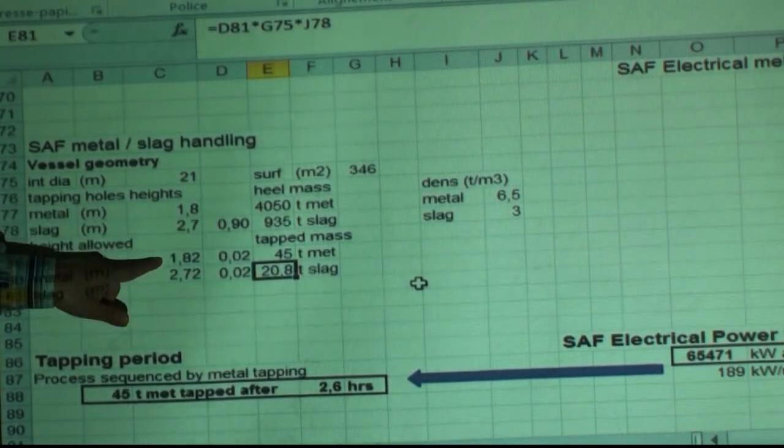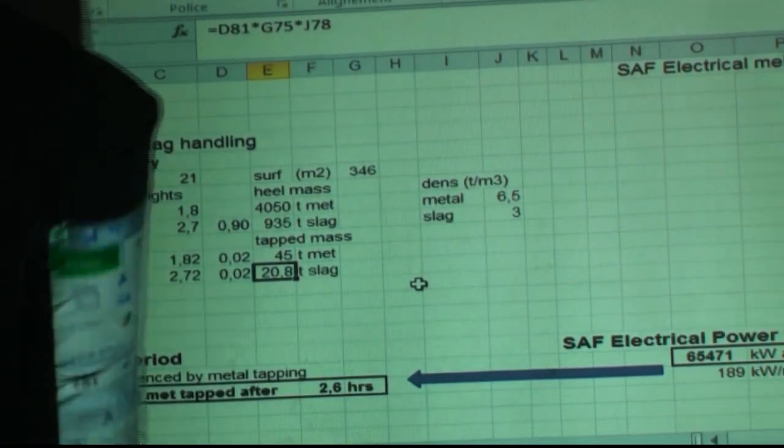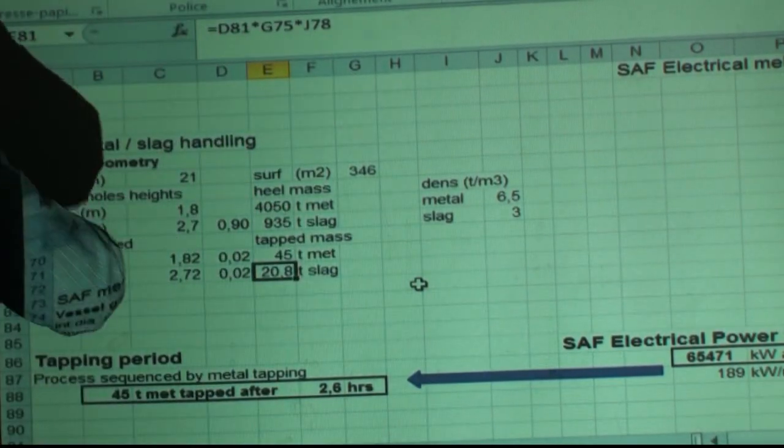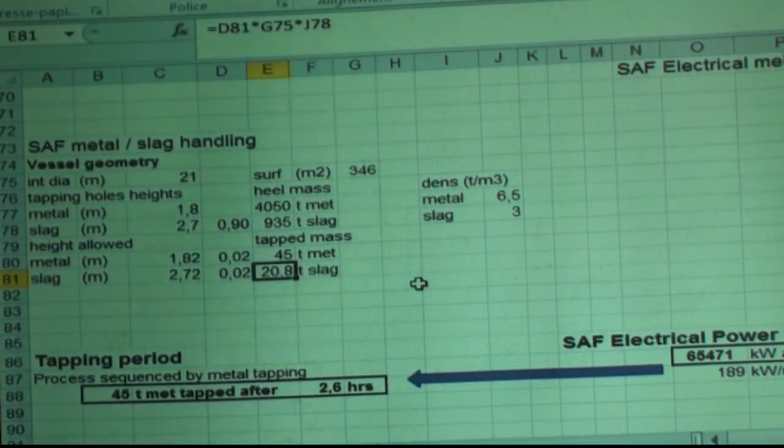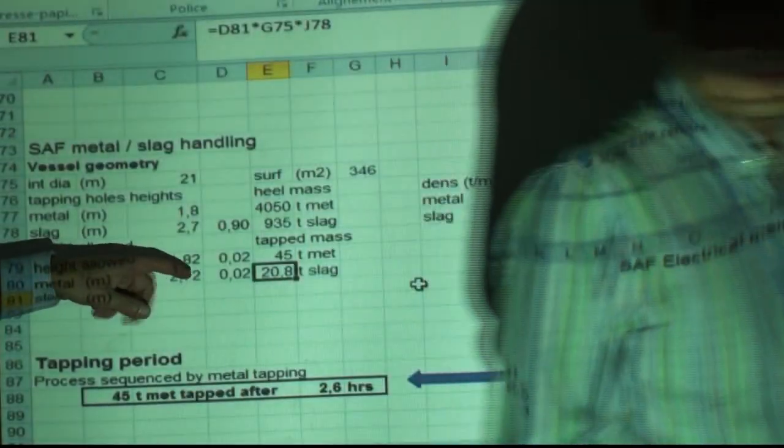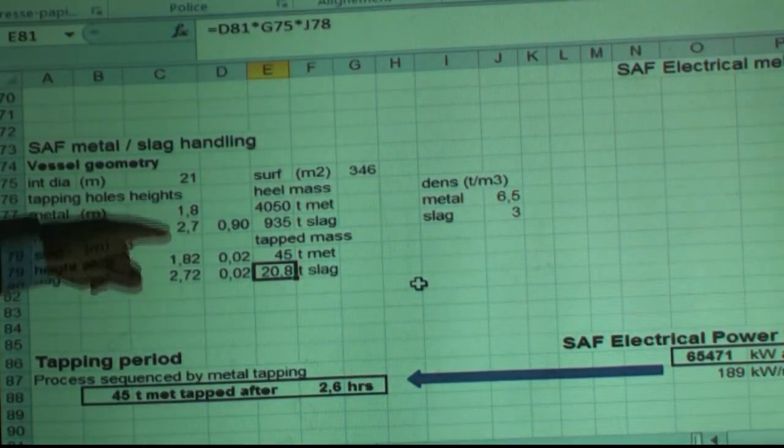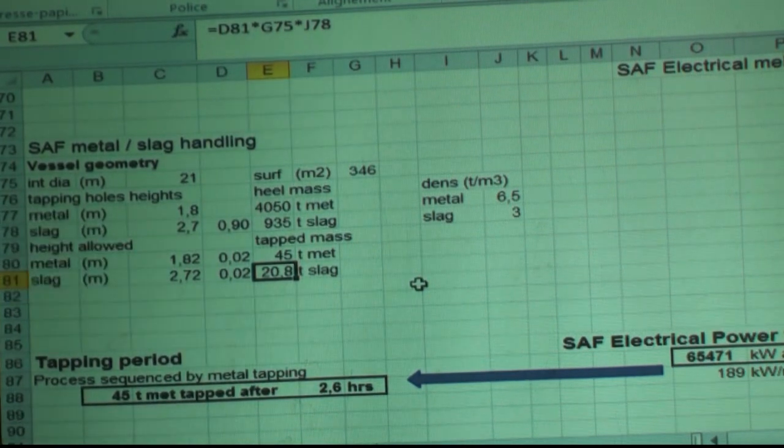Yeah, but in reality it is not like this, because you don't tap the metal until the tap hole. You understand? This is not true exactly like this because you don't descend the metal until the tap hole. You must have it over the tap hole, because if you descend the metal at the tap hole, you will have some slag.